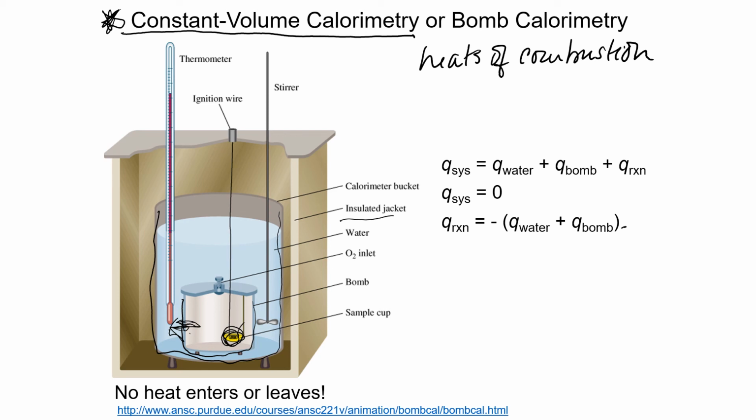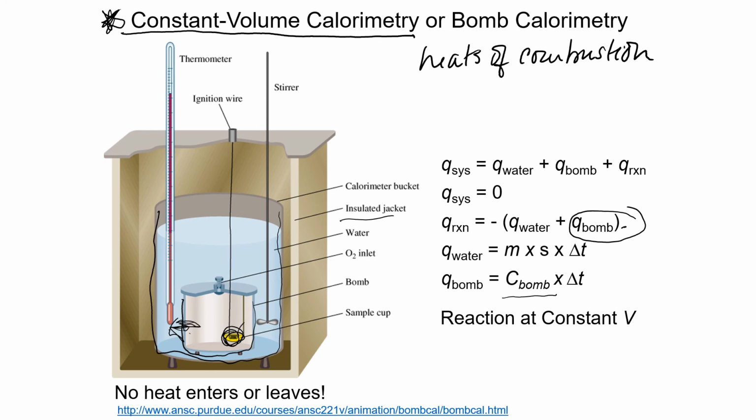Of course, Q of the water is calculated as we always calculate. And Q of the bomb is the heat capacity of the bomb times delta T. So that's where we get this value. This reaction occurs at constant volume, but not constant pressure.